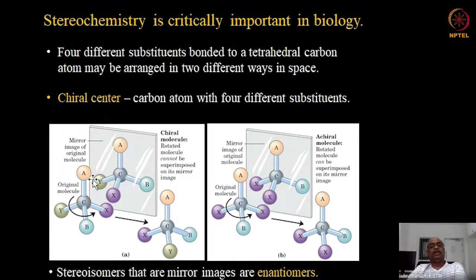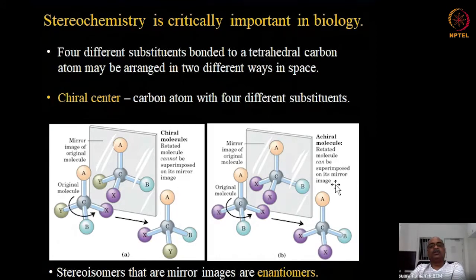So this is one arrangement, okay? And when you have this sort of situation, you call that an enantiomer. This is based on the sequence of arrangement of constituents around a chiral carbon. Instead, if you have, let us say, two similar groups attached, there is no asymmetry and you have symmetry. Here, the rotated one will neatly superimpose.